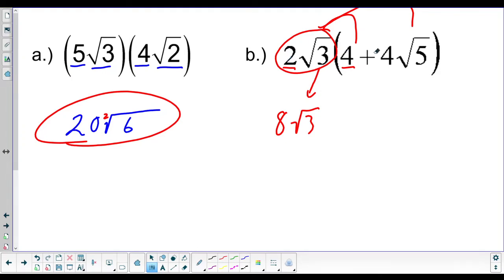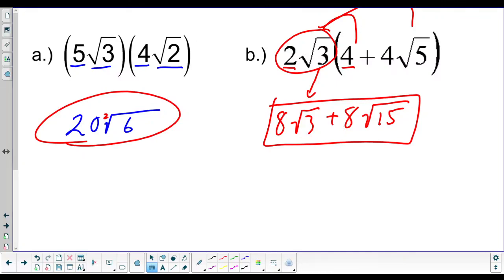Now we distribute to the 4 radical 5. 2 times 4 is 8. And then radical 3 times radical 5 is radical 15. And then this is just 3 and 5, so we can't simplify. So our answer is 8 radical 3 plus 8 radical 15.